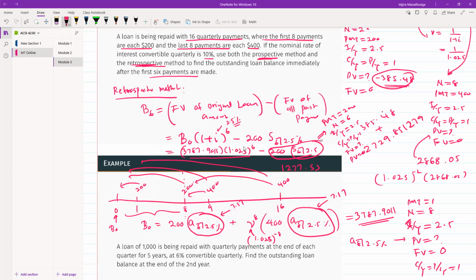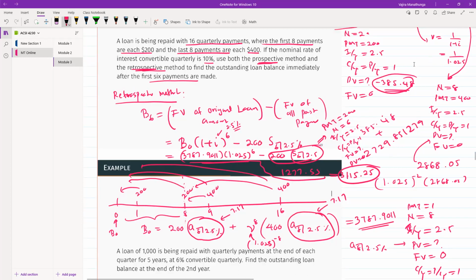But you have to subtract it by this number. So let's calculate that. So times 1.025 to the 6, minus 1,277.55, and I get 3,000. So the answer, once you do all the subtraction, I would get 3,115.25.